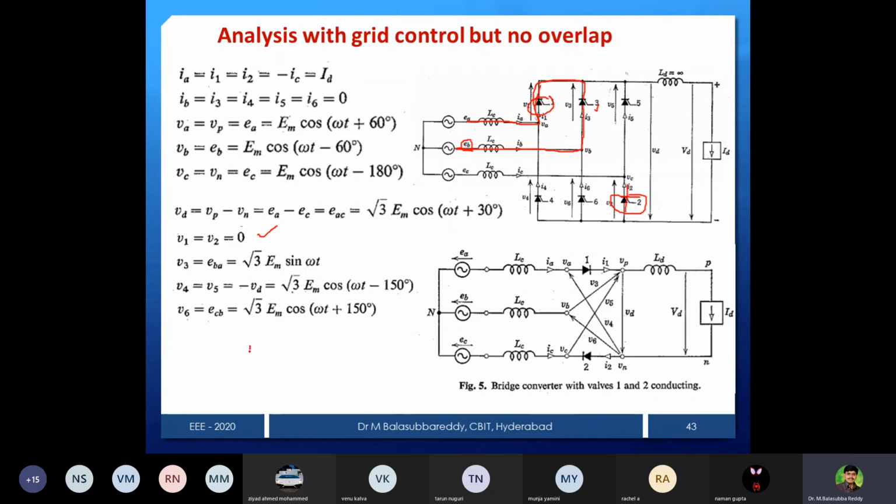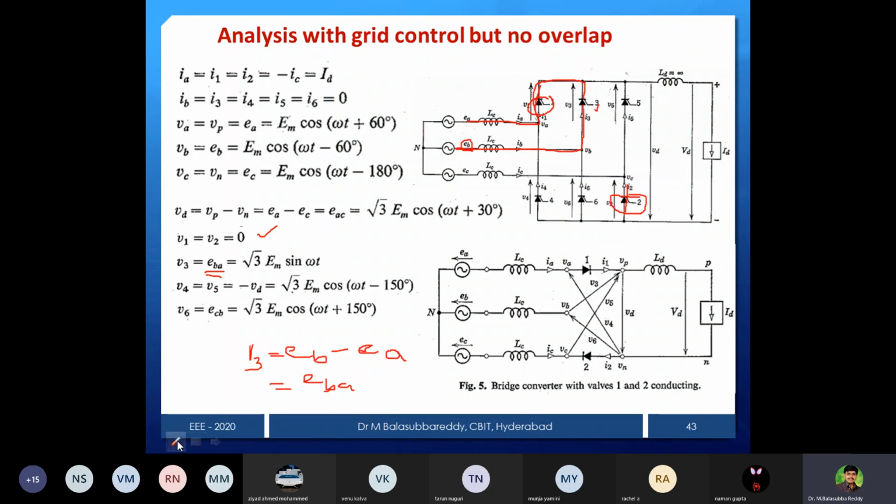Then the valve 3 voltage V3 is nothing but the anode potential, let it be EB, minus the cathode potential, which is EA. This is the valve 3 voltage, so that is nothing but EBA. Over, that is valve 3.